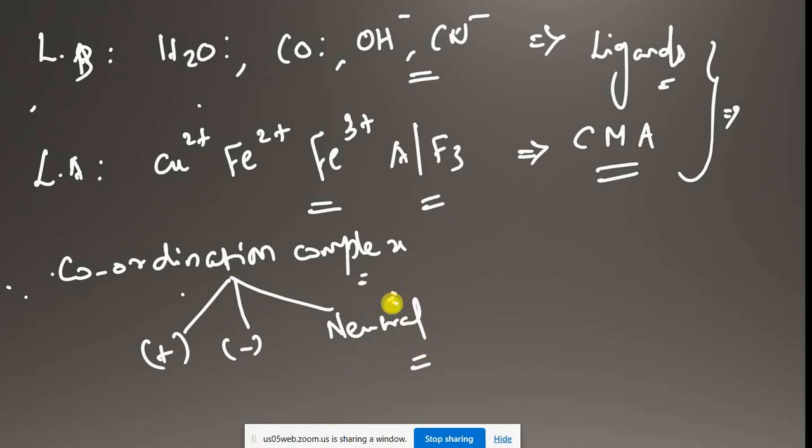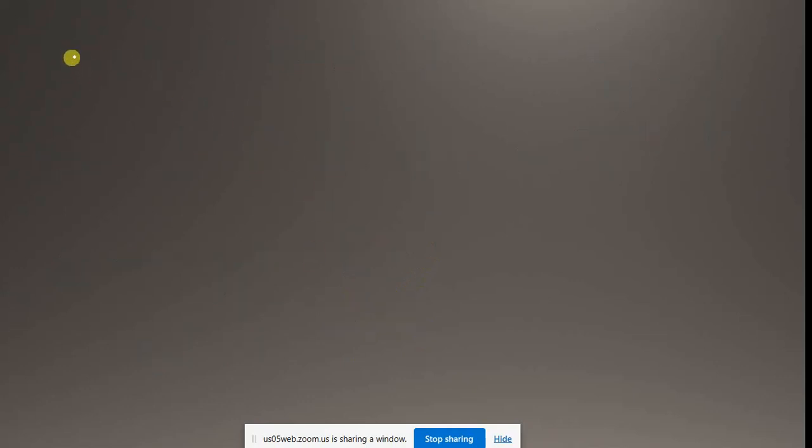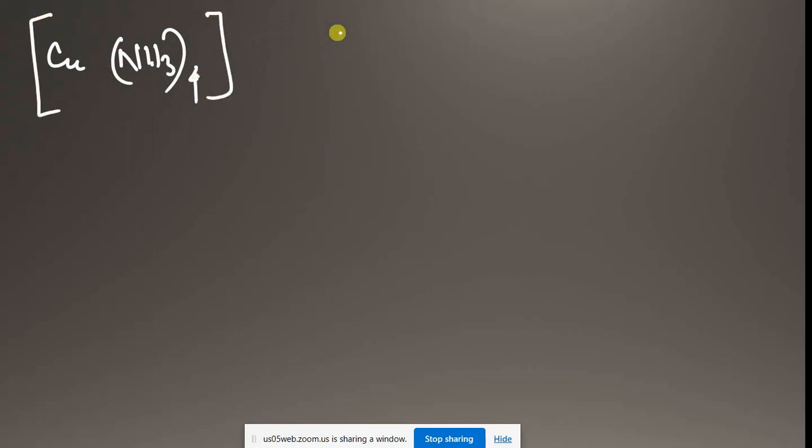If I give you examples, you can understand easily. Cu(NH3)4, this is under the square bracket, that is, this is a coordination sphere. You know, this is SO4. Remember, when this compound divides into two, what will be the charge of the complex?